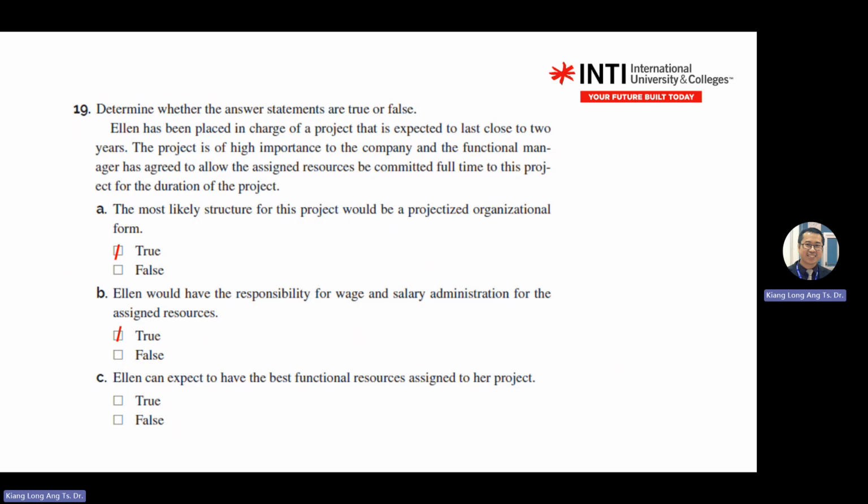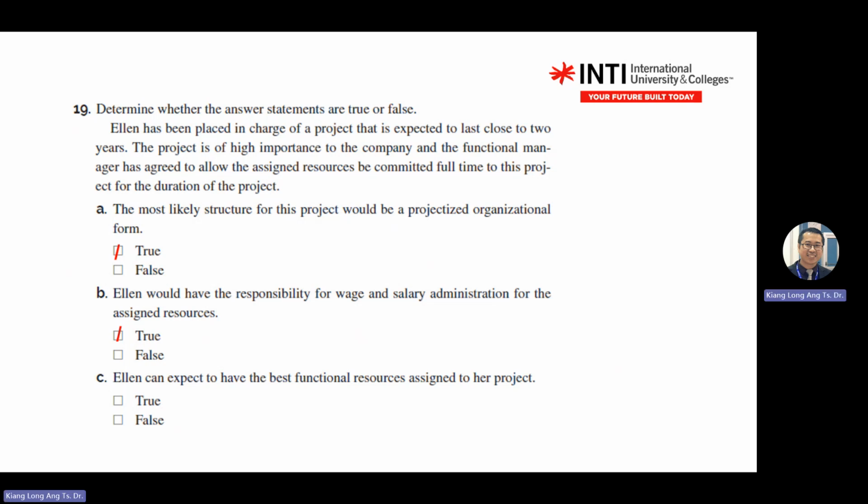So if you see a question on hybrid, it falls under chapter 1 or chapter 2, so you answer based on chapter 1, chapter 2 content. If you see balanced, weak matrix, strong matrix, it falls under chapter 3, chapter 4 answers. Don't jump chapter. You jump chapter, you get the wrong answer.